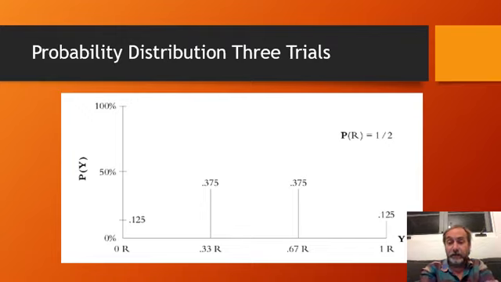That's the thing we just calculated. The probability of getting 2 Rs out of 3, which is a 0.67 relative frequency of Rs, 2 of the 3, is also 0.375. We didn't explicitly calculate that, but you can do that yourself if you want. And then the probability of getting no Rs or of getting all Rs is 0.125 on either end of the distribution.